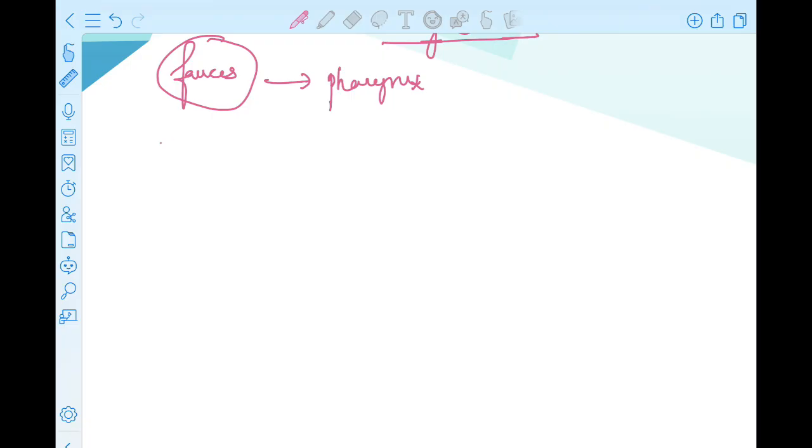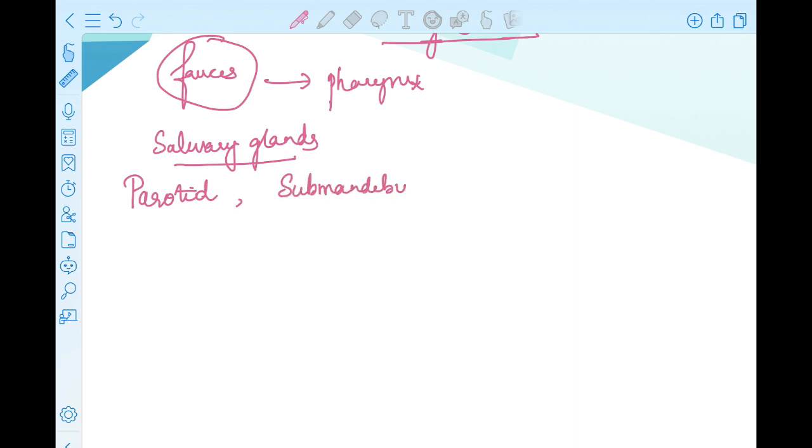So what are the various salivary glands? Saliva is secreted by three pairs of major salivary glands, and also there are several minor salivary glands. So the major salivary glands are the parotid gland, the submandibular gland, as well as the sublingual gland.